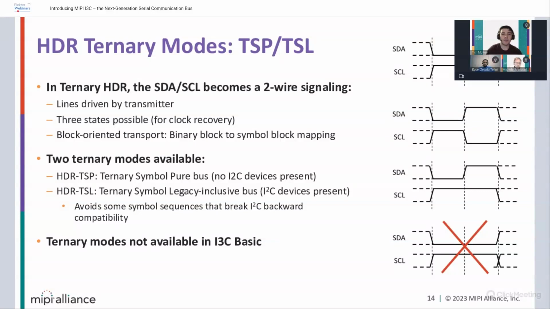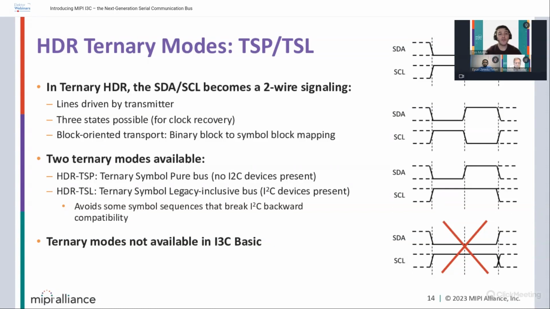The last of the HDR modes is the ternary, the TSP or TSL. And with ternary, the SDA becomes a 2-wire signal. And basically, as you can see here, we have the 3 combinations on the right side with the SDA low, SCL toggling high to low, and then the various other combinations. Those 3 states are possible, and this is once again more of a block-oriented transport.